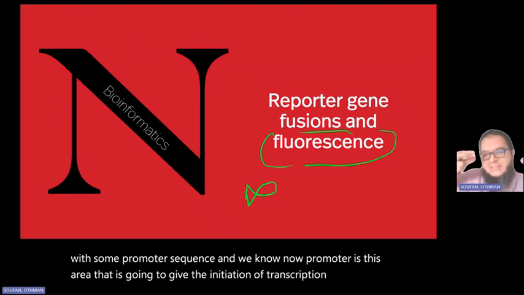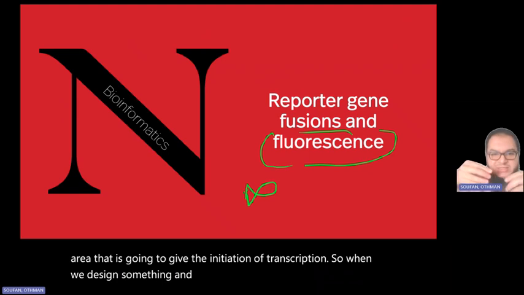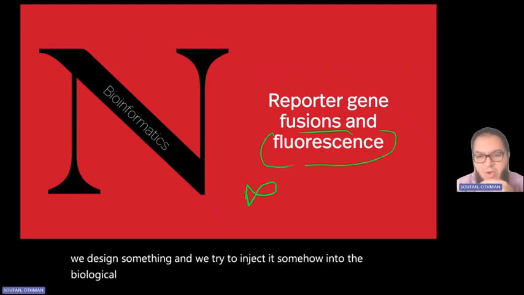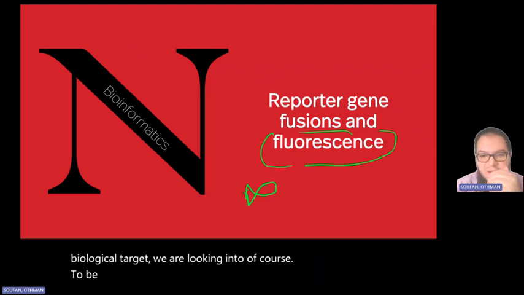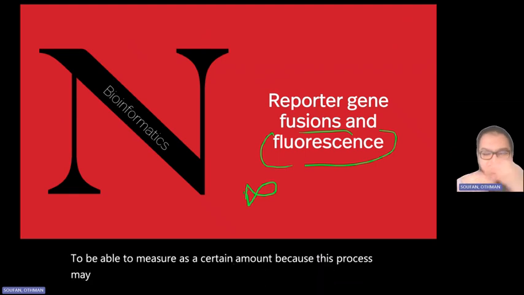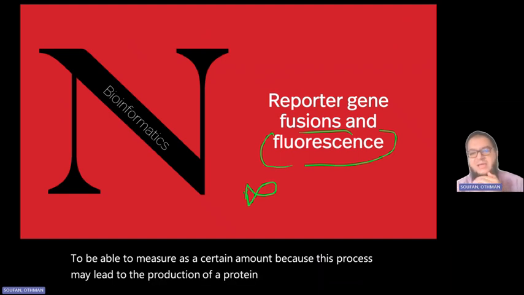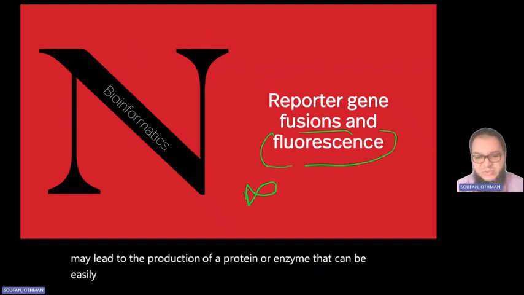So when we design something and inject it into the biological target, we are looking, of course, to be able to measure a certain amount, because this process may lead to the production of a protein or enzyme that can be easily detected and measured.